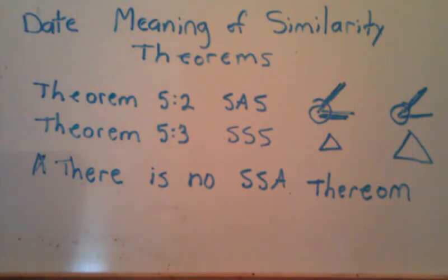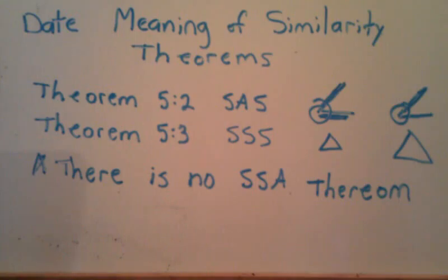A summary of the ways to prove that triangles are similar is given. The theorems and postulates used to prove similar triangles are much the same as those used to prove congruency. The difference is found in the definition of similarity. Remember, for a polygon to be similar, the angles must be the same and the sides must be in proportion.